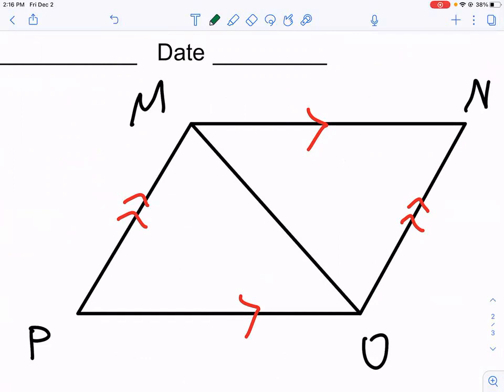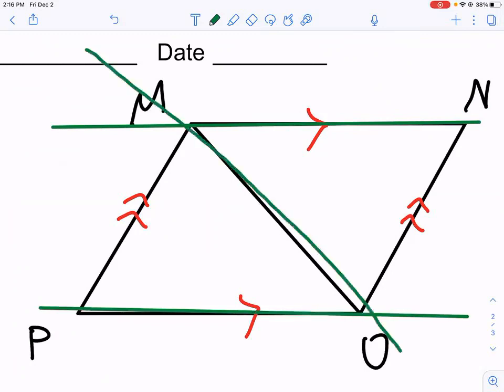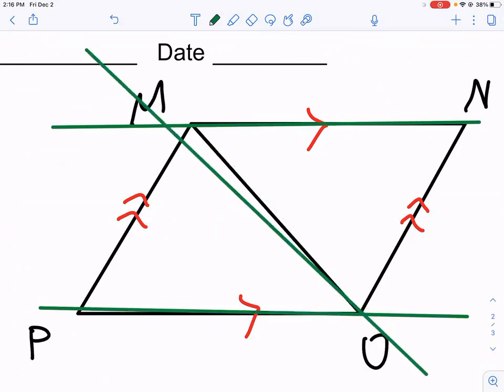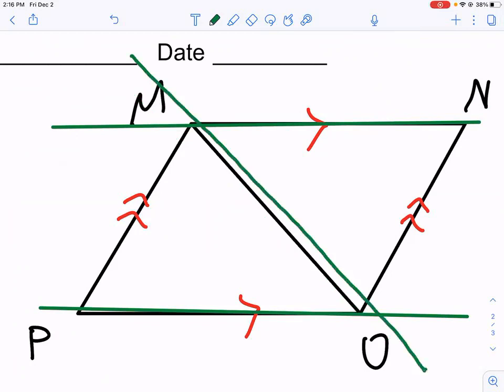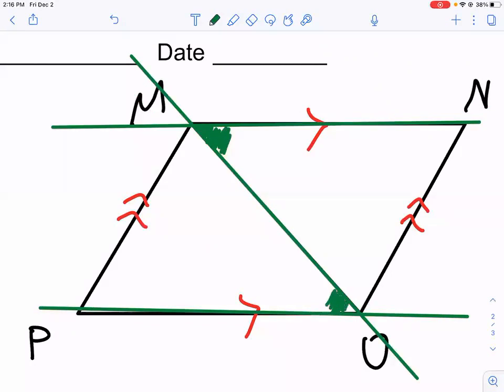Here's our parallel line, here's our parallel line, and here's our transversal. NOM and PMO. Well, the parallel lines that I highlighted, we'd be talking about these right here.